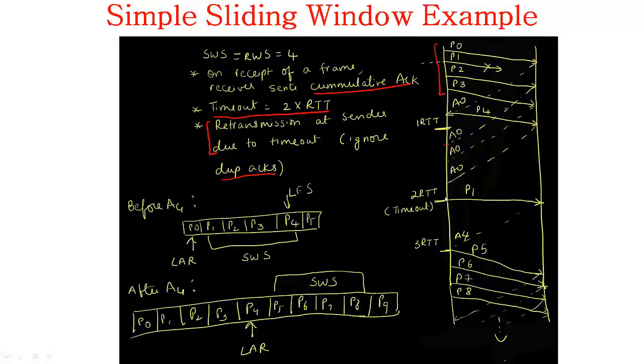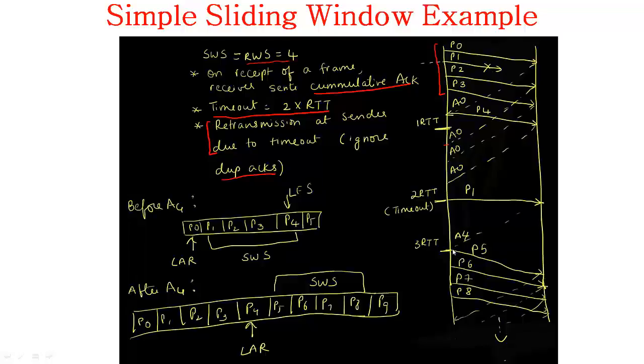After some time, I'm going to time out, which is twice the round trip time, and then I'm going to retransmit P1. In response to P1, since it filled up this hole and the receiver received all these packets, which by the way get buffered because your RWS is equal to 4, I'm going to get a cumulative acknowledgement that acknowledges all these packets until A4.